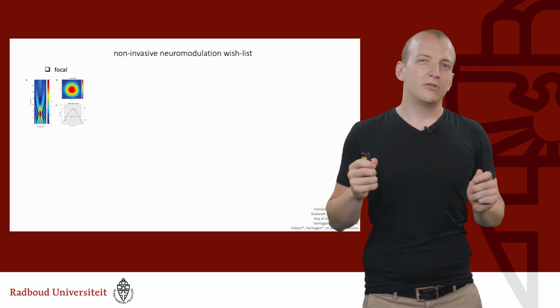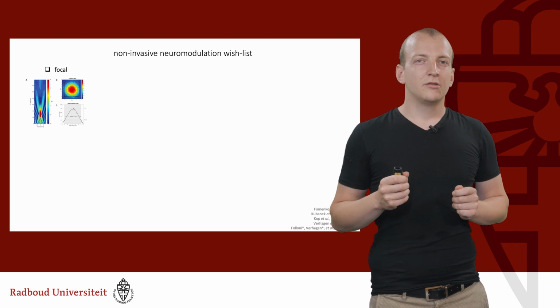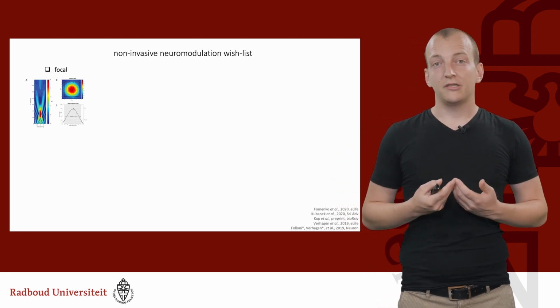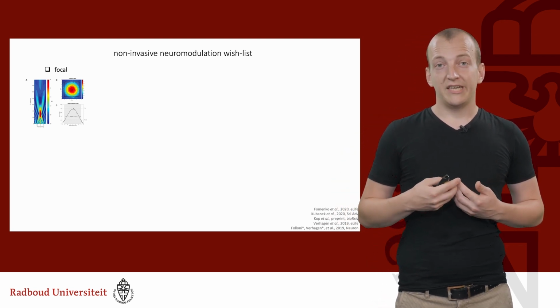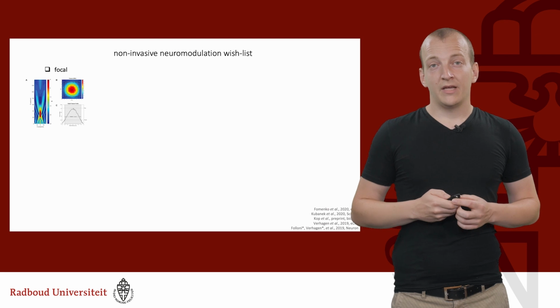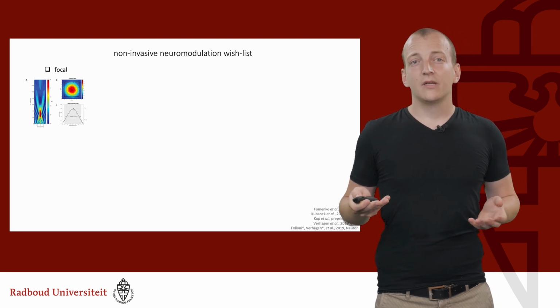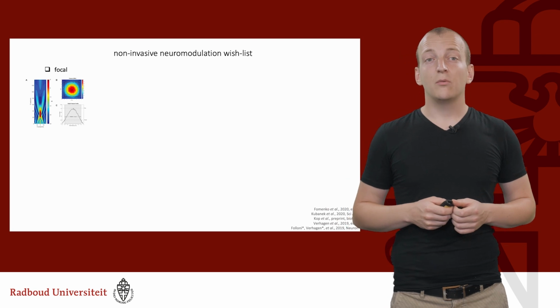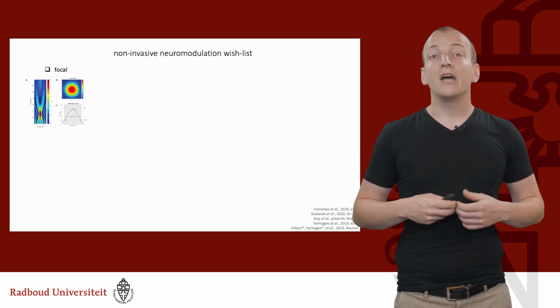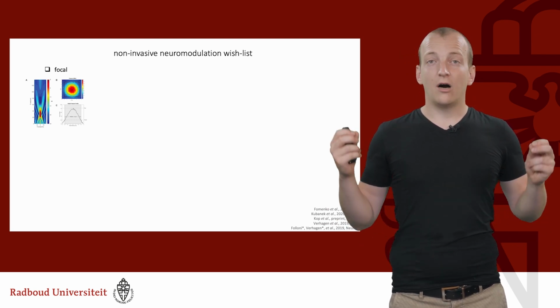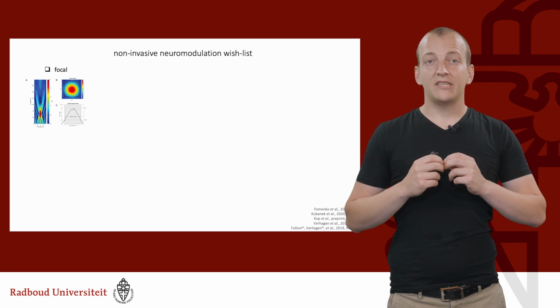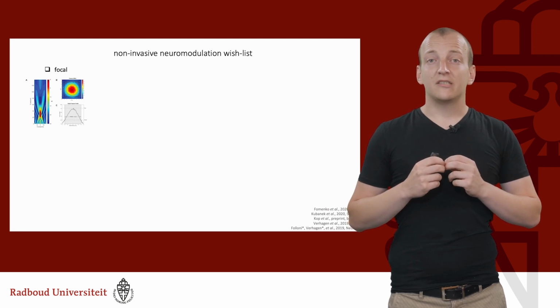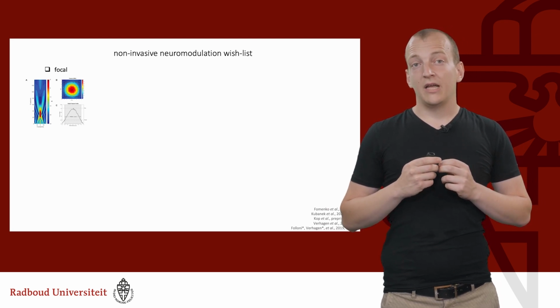So when we talk about non-invasive neuromodulation, so non-invasive meaning that we don't need to apply surgery to stimulate inside of the brain, what are our wishes? So first of all, what is nice about transcranial ultrasonic stimulation is that we can stimulate with a high focality. So by focusing all the waves at a similar location, we can reach a focality of just a few millimeters.